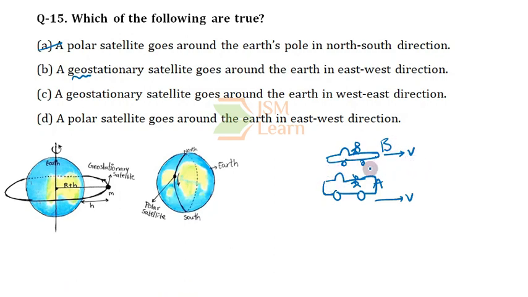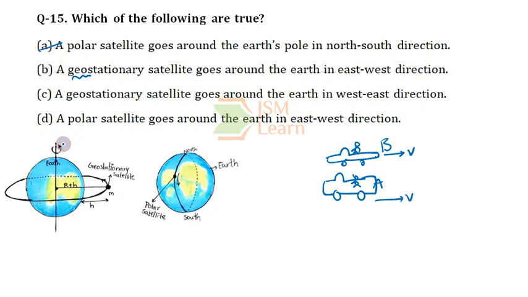Such a case is also happening over here. We know that Earth is actually rotating about its own axis. As it is rotating, the geostationary satellite is also moving with the same speed as the Earth.